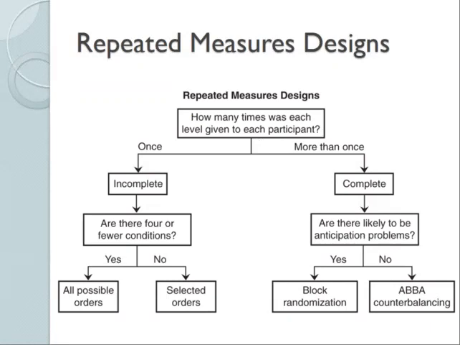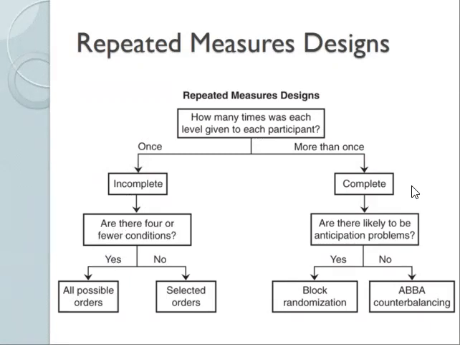So in an incomplete design, they are given each level of the independent variable only once. Okay, and so the strategies you use for an incomplete design differ depending on how many conditions there may be. In contrast, in some experiments, the experiment may be really, really short or easy to do.